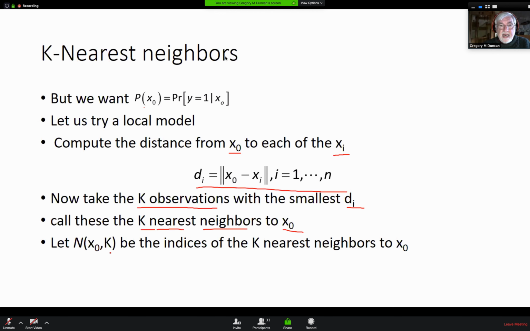And I'm going to let n, x0k, be the indices of the k nearest neighbors. So I might find observation 5, 22, 75, and 9 are the 4 nearest neighbors to x0. And so that would be those indices.